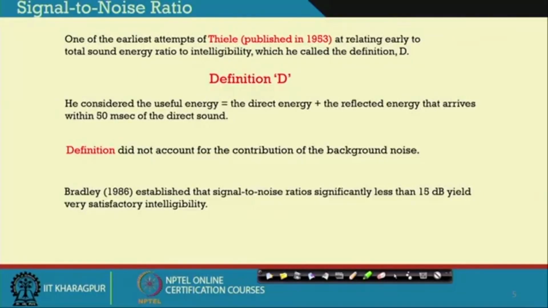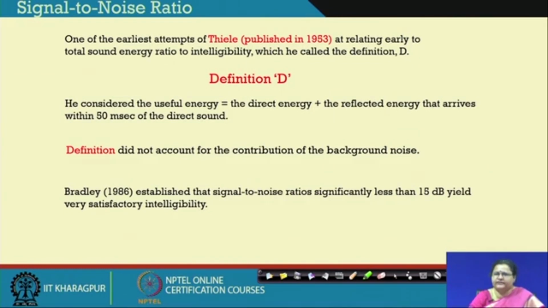Further, in the years 1986, Bradley worked even up to 2000, and he established that a signal to noise ratio significantly more than 15 will yield very satisfactory intelligibility.